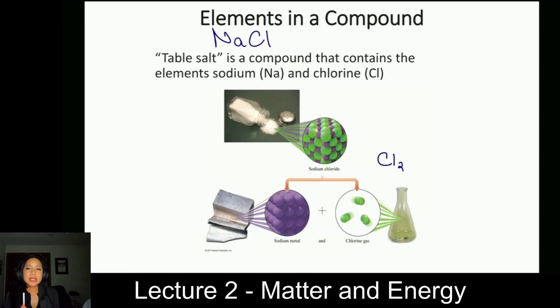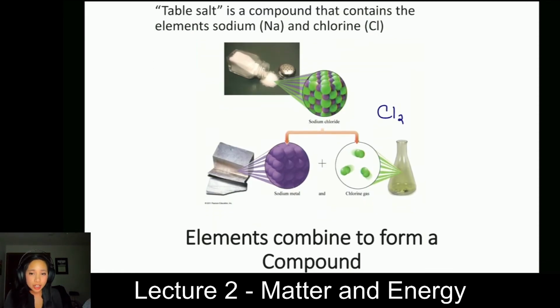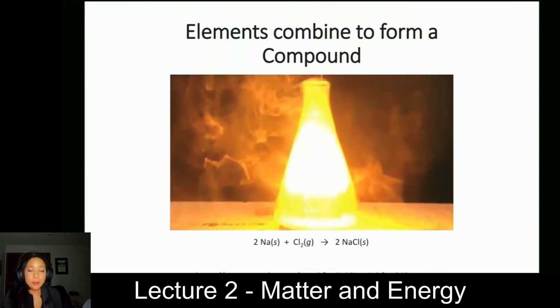But when combined together in a compound, it is as benign as the table salt that we put on our food every day. The reaction where the elemental forms of sodium and chlorine combine actually produces a really cool reaction, which I will show you right now in this video.